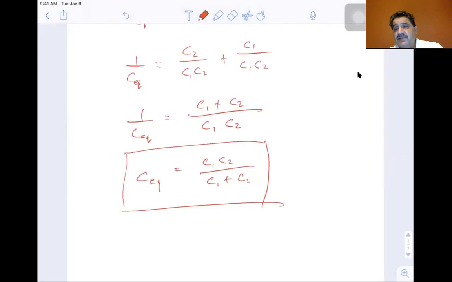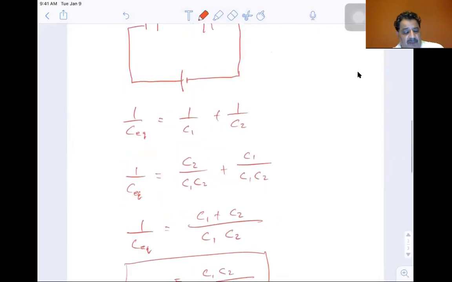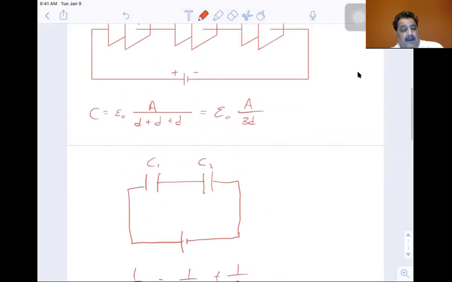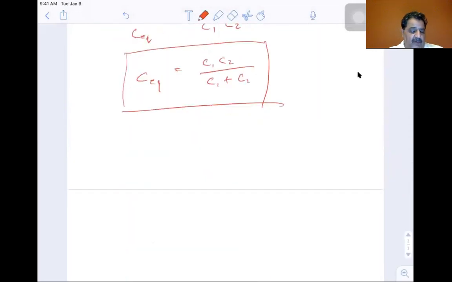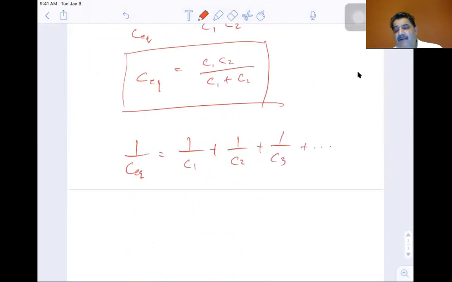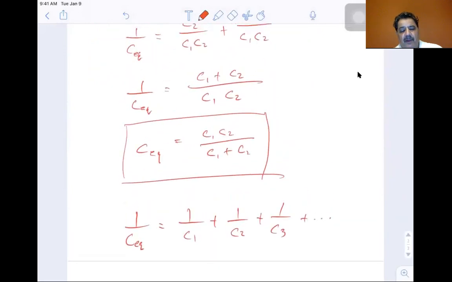Now, notice the other one, the one that they show you: 1 over C equivalent is equal to 1 over C1 plus 1 over C2 plus 1 over C3 plus however many you have. You can come up with an answer, but then you have to take the reciprocal to get the actual answer. You can avoid that if there's only two by using this equation here.